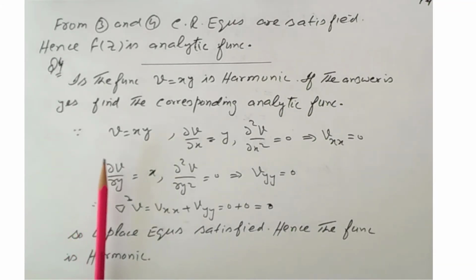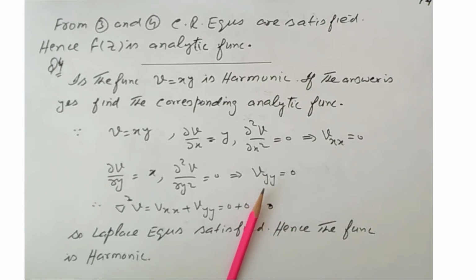Now we partially differentiate v with respect to y, this is x, and again taking the second derivative of x becomes 0, because we are differentiating with respect to y, so the derivative of x with respect to y becomes 0. So we can write it as v double y equal to 0. This is the second derivative.